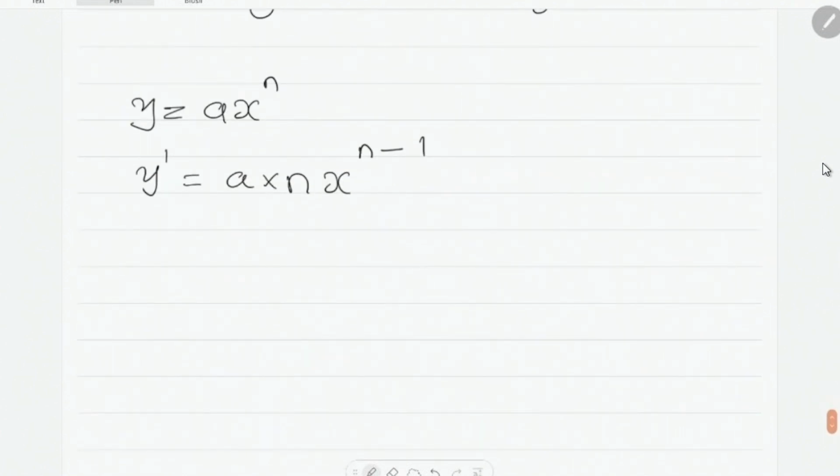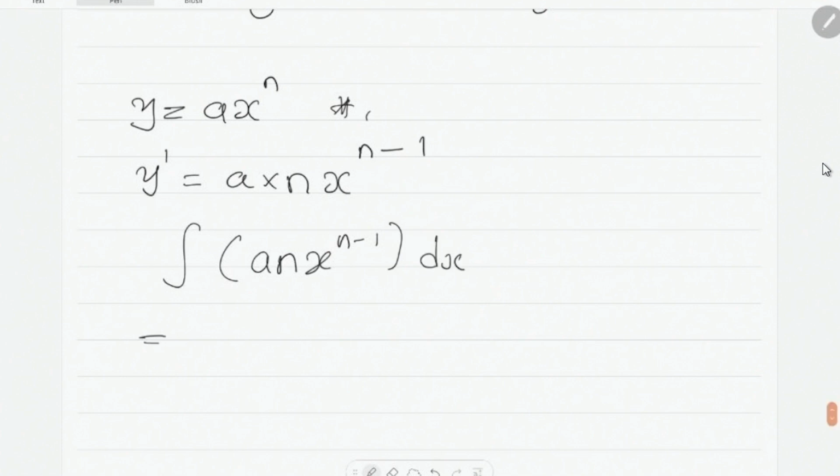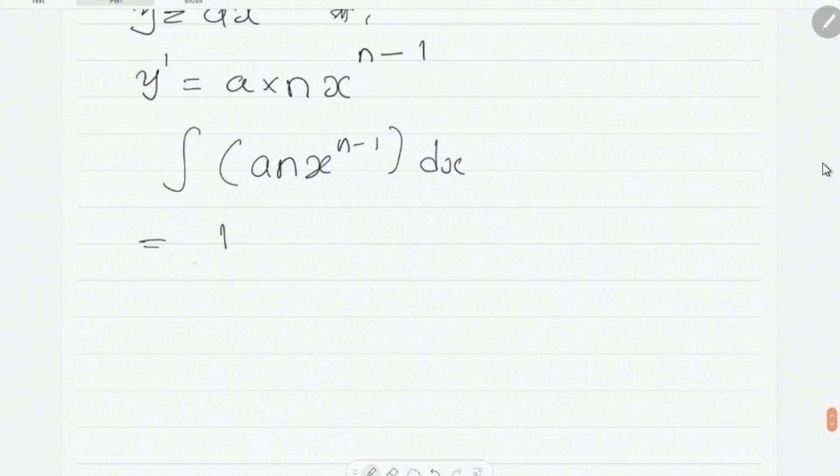If I have to integrate this same function and take it back to its original function, y, star 1, then the integral of a n x to the n minus 1 dx will be equal to 1 divided by the power of x, which is n minus 1, added by 1, multiplied by a n x to the n minus 1.